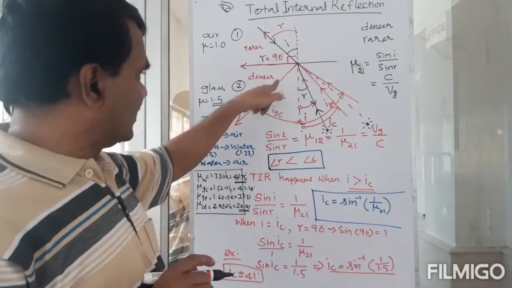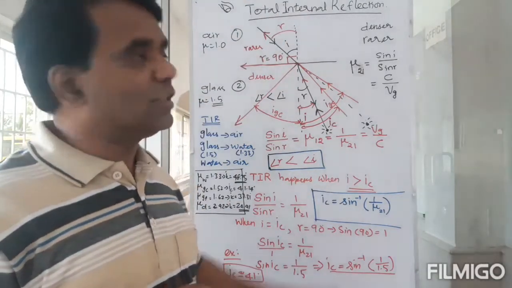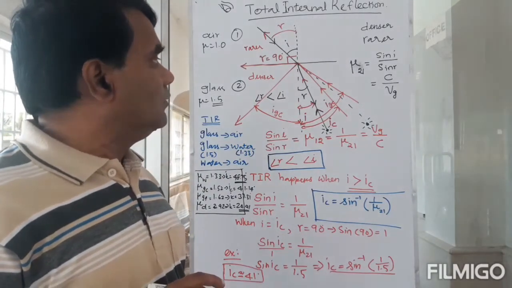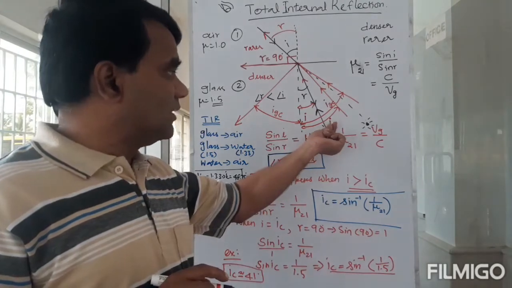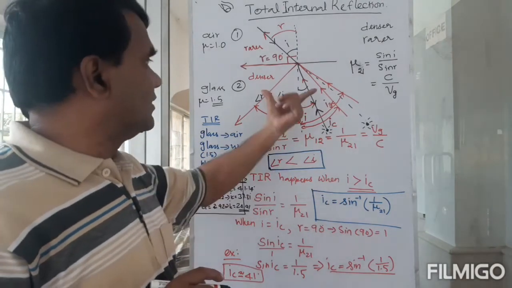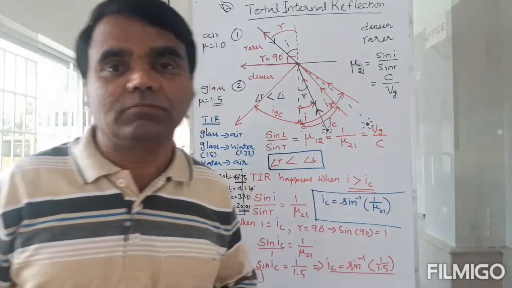Then light will get reflected back into the medium itself. It won't go out of the medium. It will be totally reflected back. Okay. And this critical angle can be found out using the refractive index of this medium. Hope this is clear to you.